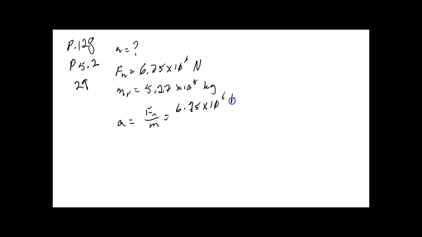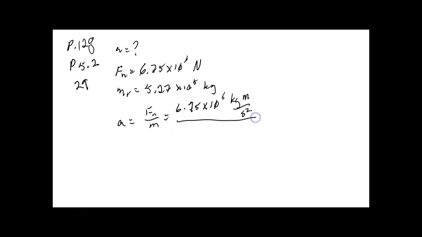It's kilogram meter per second squared. The easy way to remember that is that a force is a mass times acceleration. Mass is kilograms, acceleration is meter per second squared. So that's the unit for force. That is what a newton is.